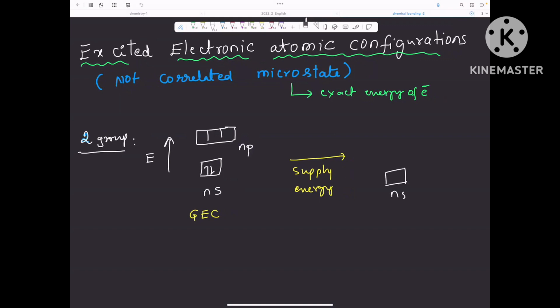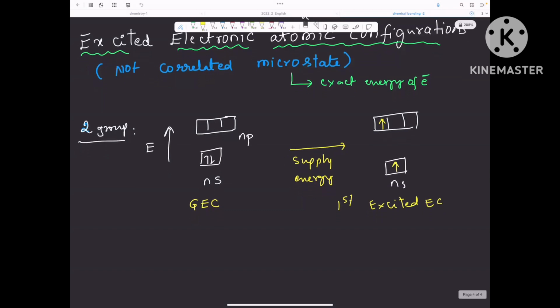One of the ns electron will be excited to np with a spin up. This electronic configuration is called excited electronic configuration. In strict terms, we call it first excited electronic configuration.